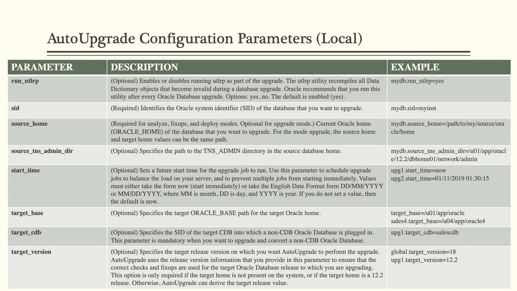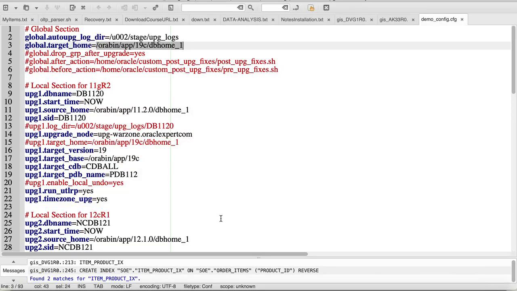So you don't have to worry. AutoUpgrade, as I said, is nowadays capable. Starting with the January release update of 2019, it can help you upgrade lower version databases to 12.2, 18C as well as 19C. And you can choose in a specific DB section to which target version you are trying to upgrade it. So I said, okay, I would like to upgrade this database to 12.2.